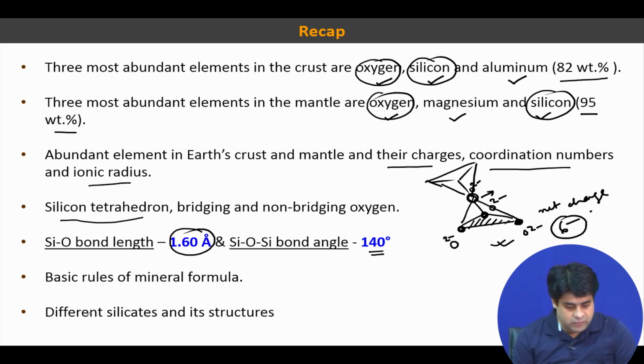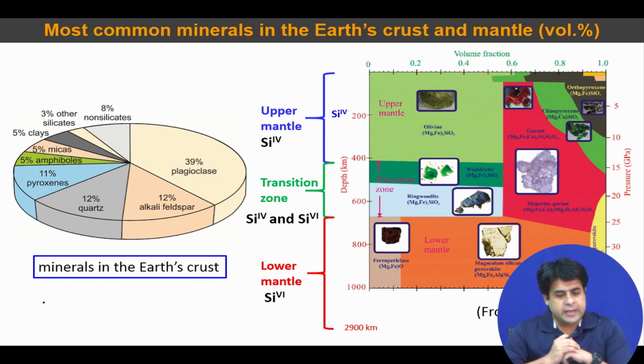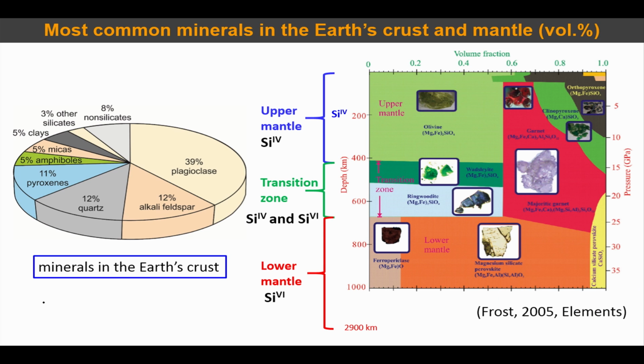So, we will learn this in detail. The most common minerals present in the earth's crust are defined in this diagram. If you see this diagram, these numbers are showing volume percent.